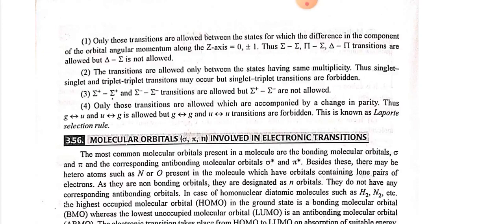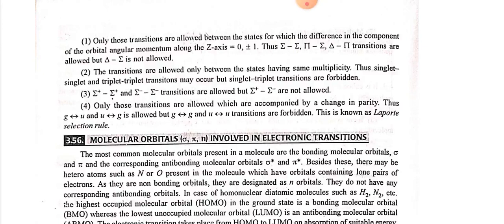Second, transitions are allowed only between states that have the same multiplicity. Thus singlet to singlet and triplet to triplet transitions may be allowed. The singlet to triplet transitions are not allowed, or forbidden.